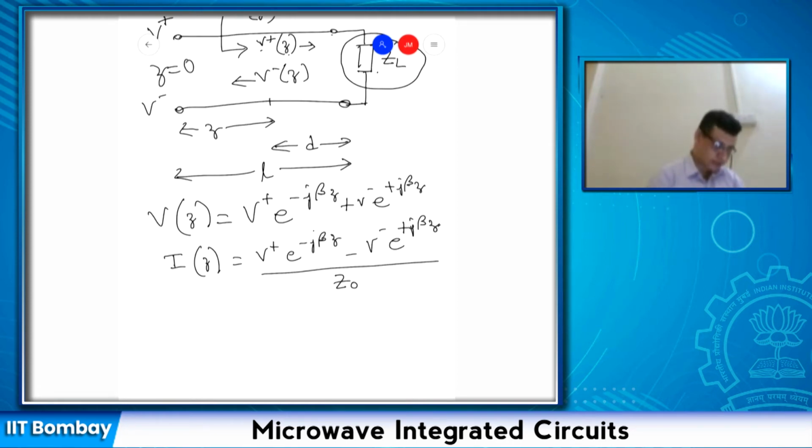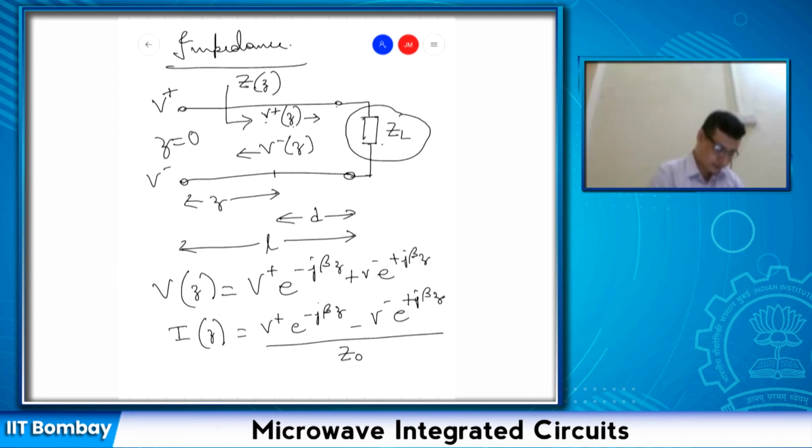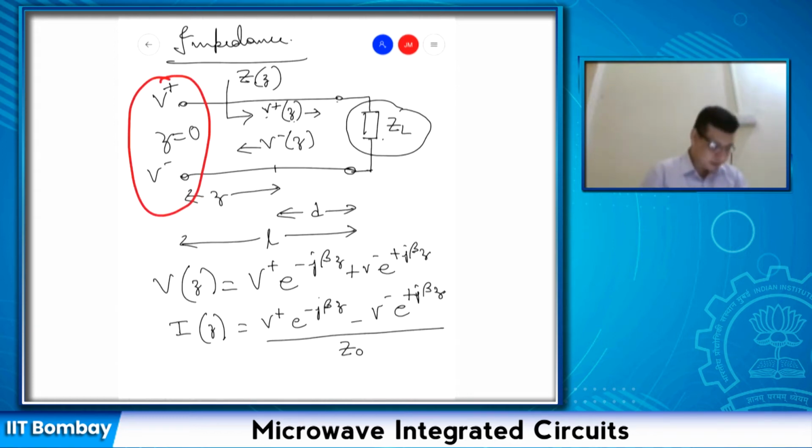In other words, this V plus and V minus are the values here at the source end.